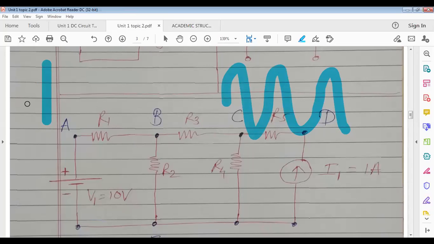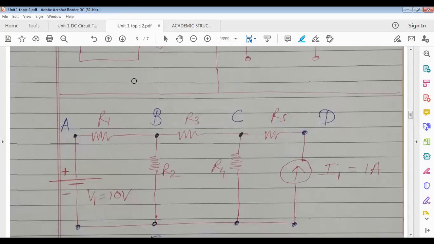But what about DC? Time invariant. Time invariant means magnitude and direction remain constant with respect to time. Constant voltage source, constant current source. Okay, you will find only such circuits to simplify in this unit, because in this unit linear circuit analysis is included. That's why time invariant sources and only resistances are there.